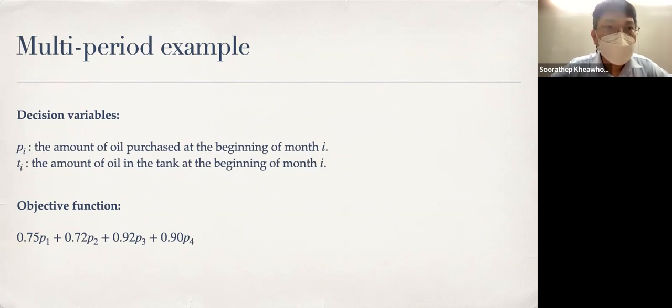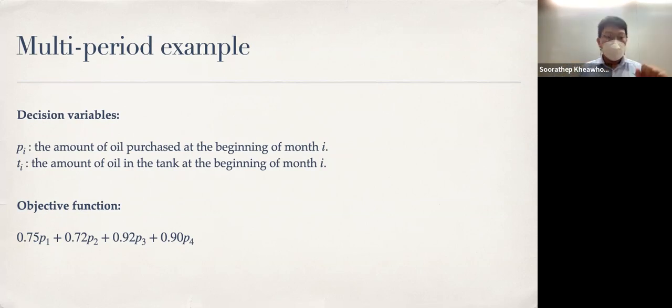So we have T1, T2, T3, T4. T1, of course, is the amount of oil in the tank at the start, and T2 is the amount of oil in the tank at the beginning of the second month, right?